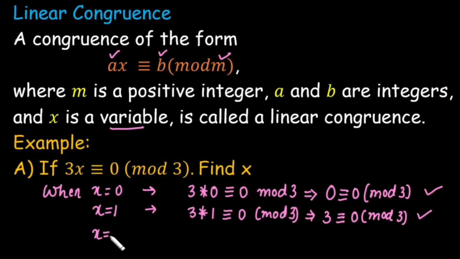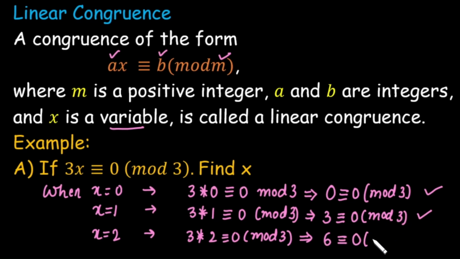When x is equal to 2, does this congruence hold? 3 times 2 is congruent to 0 mod 3. Is the statement true or not? 3 times 2 is 6. 6 divided by 3 has remainder 0, and we need 0 here. So again this is true. Now we can say that x can be any integer.